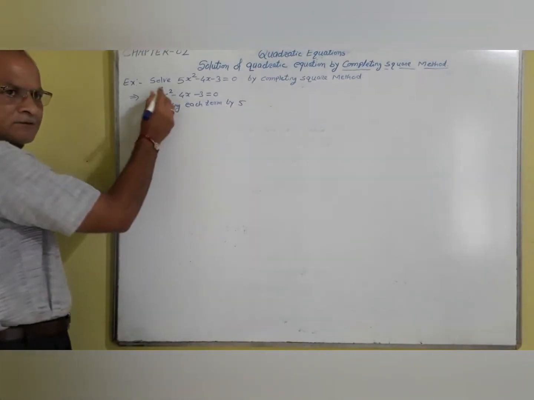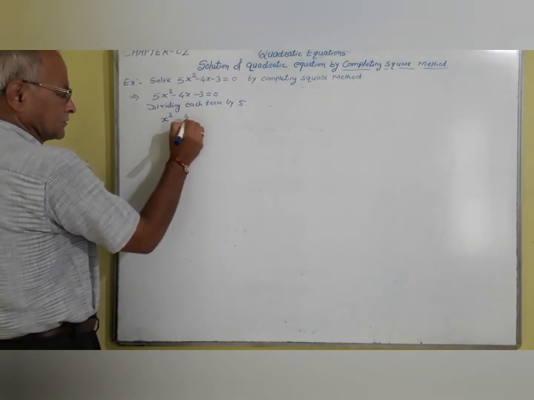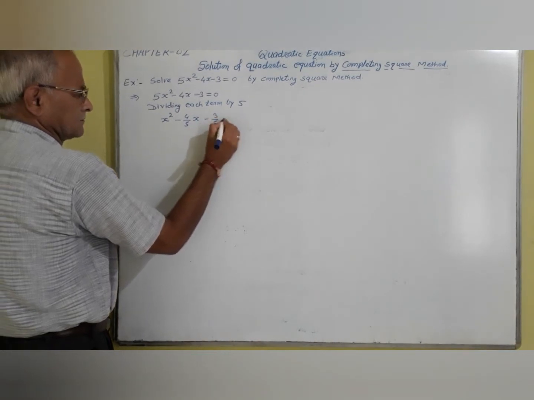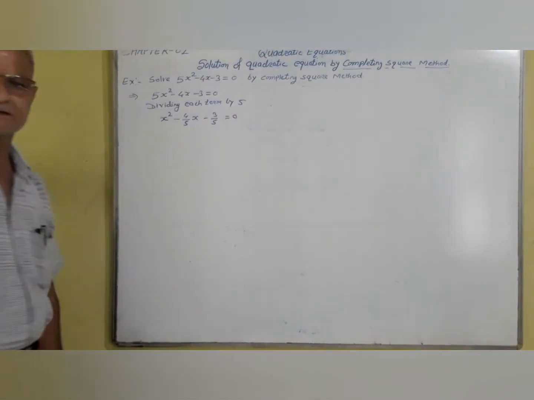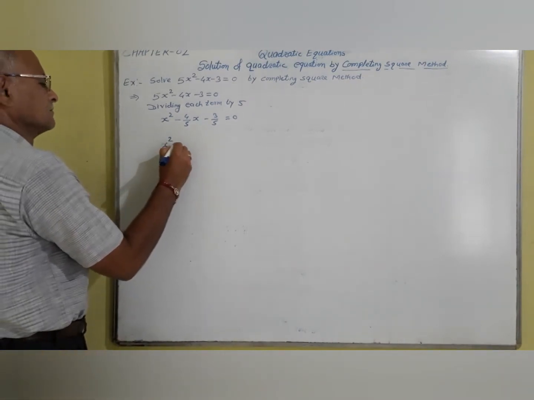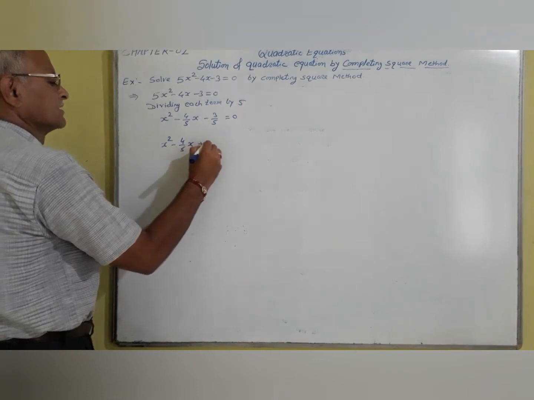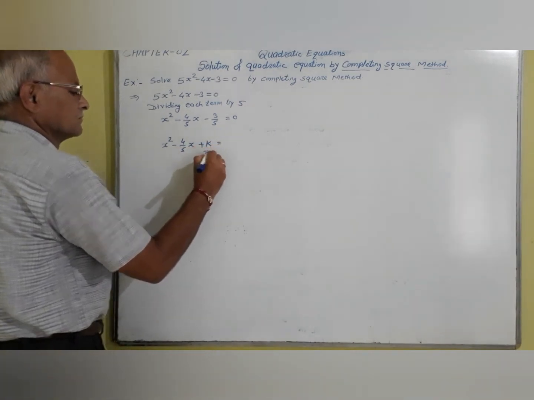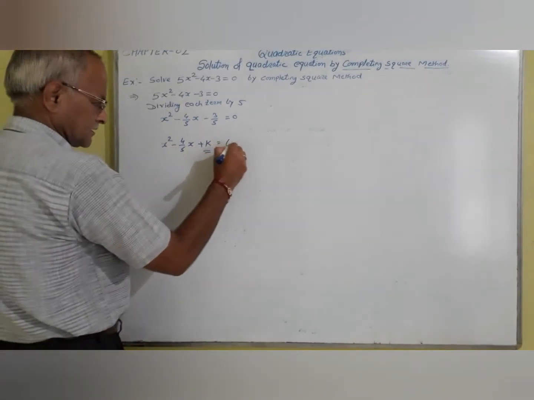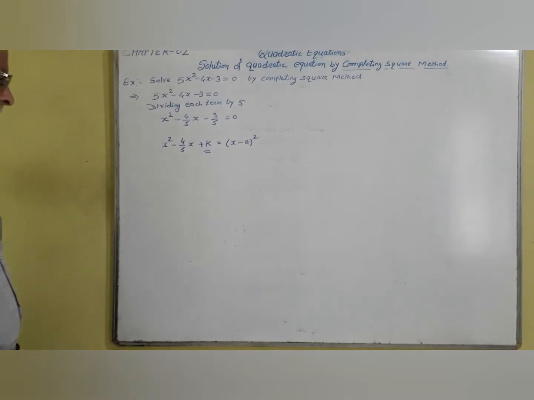So 5x square upon 5 means x square minus 4 upon 5x minus 3 upon 5 is equal to 0. Now we add k such that the left hand side becomes a perfect square of x minus a whole square.